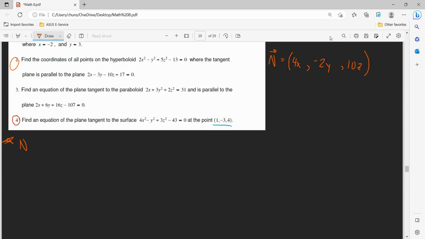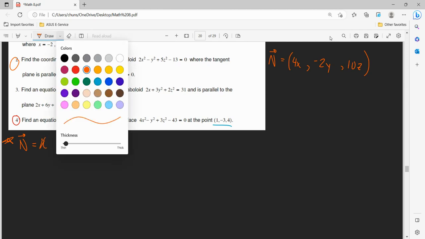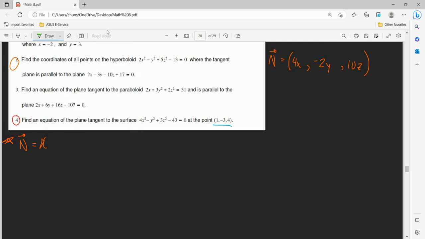So what we're going to do is take this normal vector, and it's equal to some kind of scalar k, scalar multiple of our normal of our parallel plane.